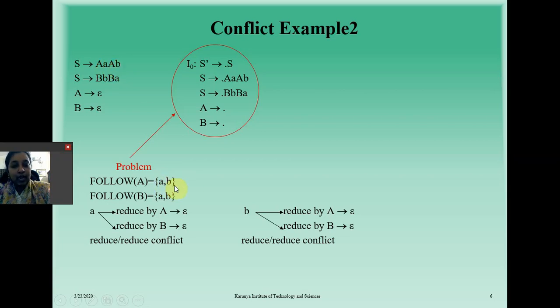Therefore, follow of A is a and b. Similarly, follow of B is b and a. Therefore, you will have multiple entries under a and b saying to reduce based on the third production as well as the fourth production, which is again a reduce-reduce conflict.